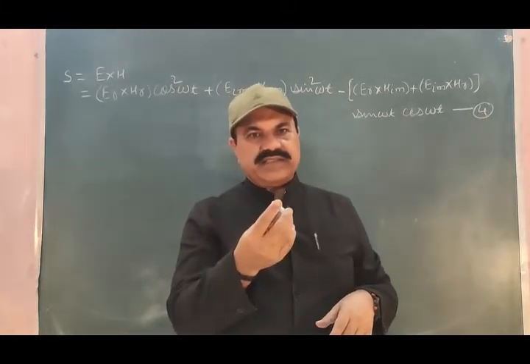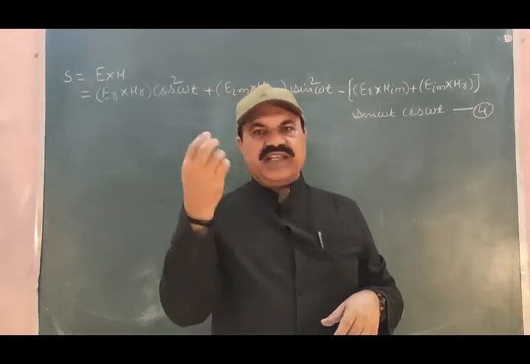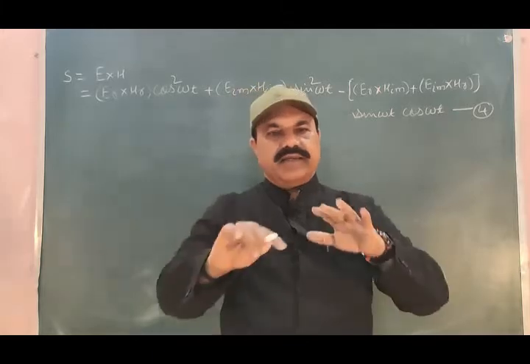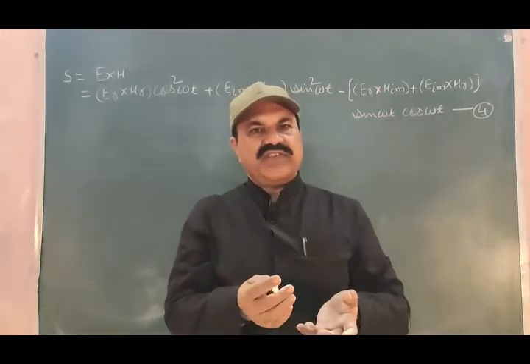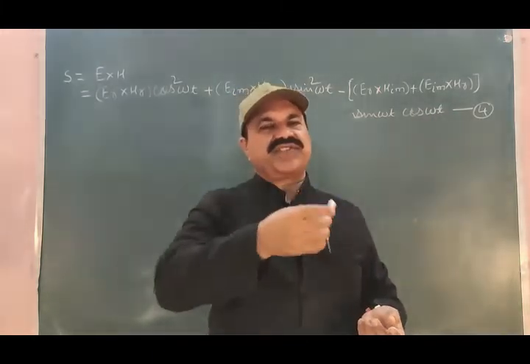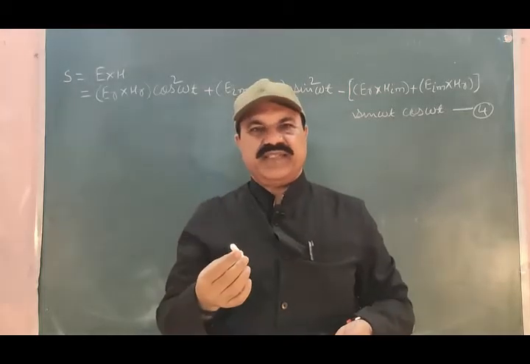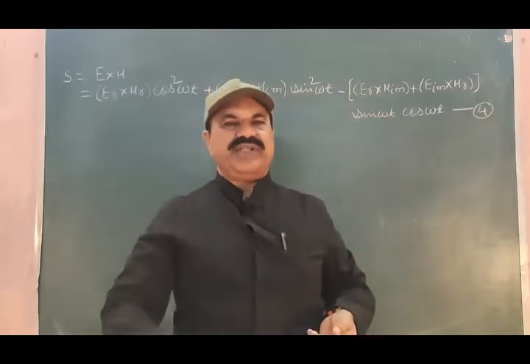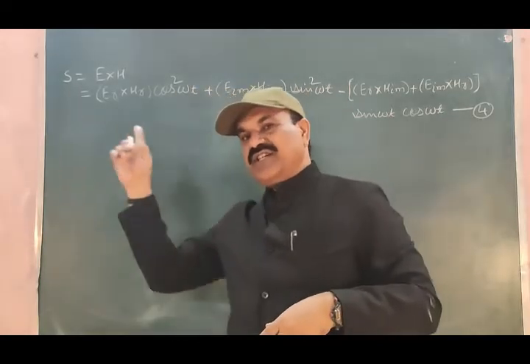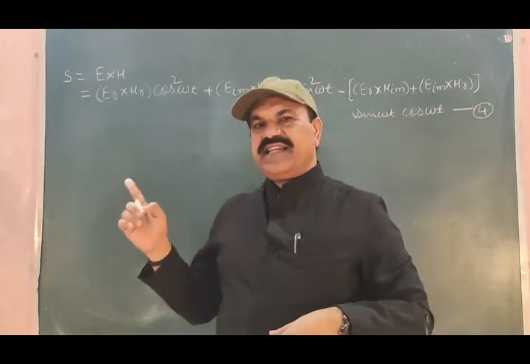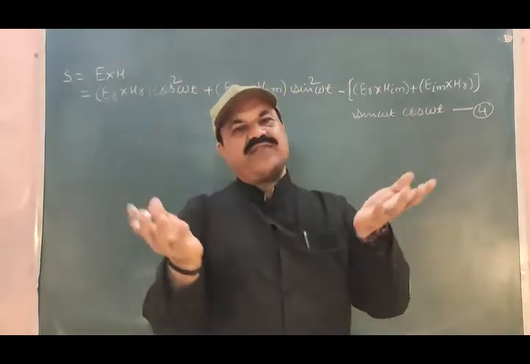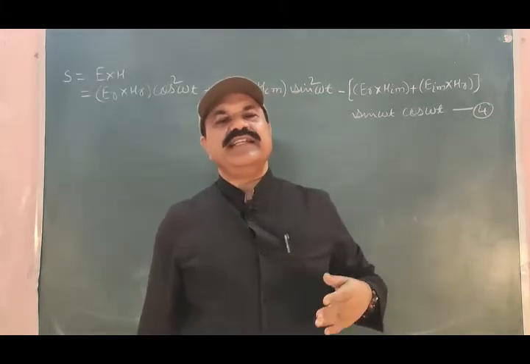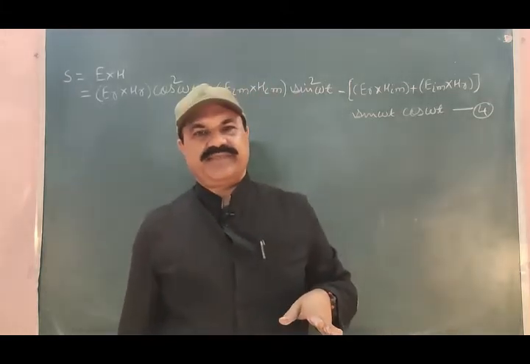The light from this source is moving in all directions in the form of waves. When the light crosses the surface, every ray of light crossing the surface acts along the normal at that point, which can be taken as E cross H. Take the integration of E cross H over the whole surface, and that will provide us the intensity of light emitted by the source of light.